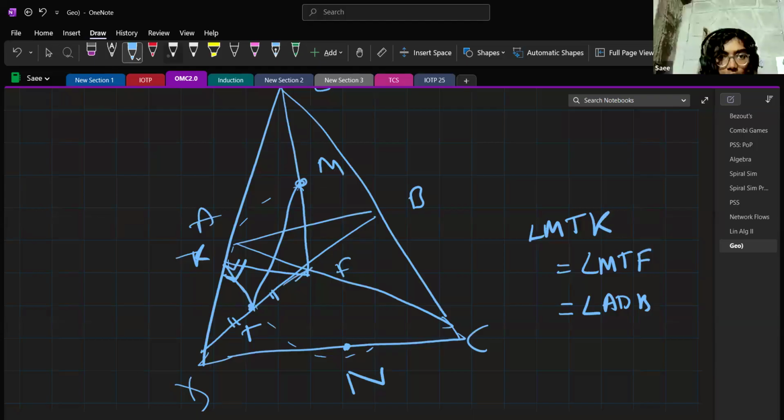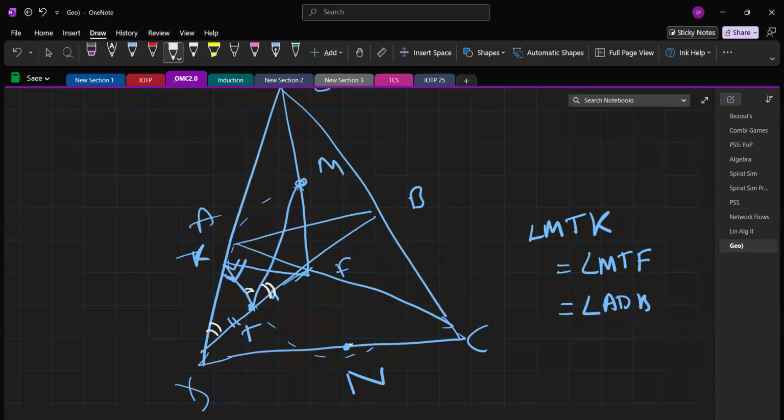So let me write this down. This angle is equal to this angle is equal to this angle. But I don't think MNK is very computable. How do we compute MNK? Perhaps you could compute MNT and MKT.